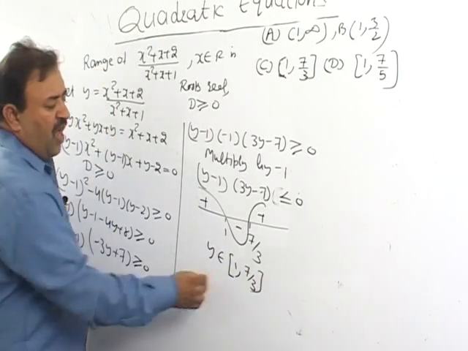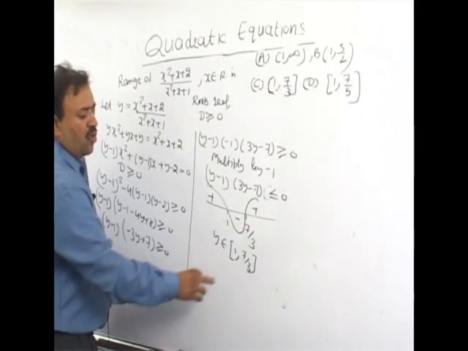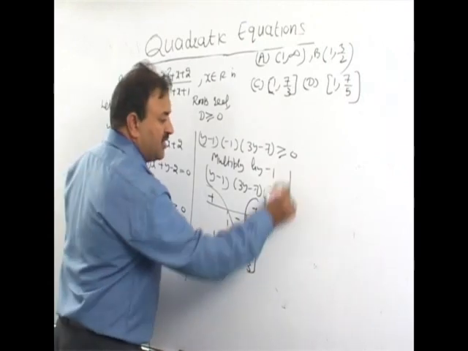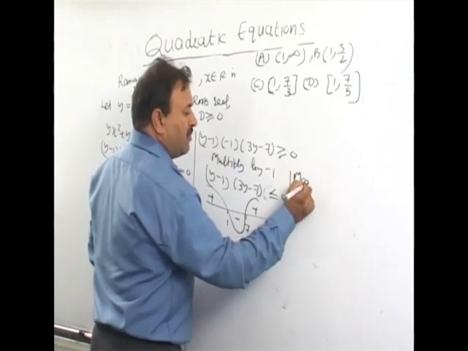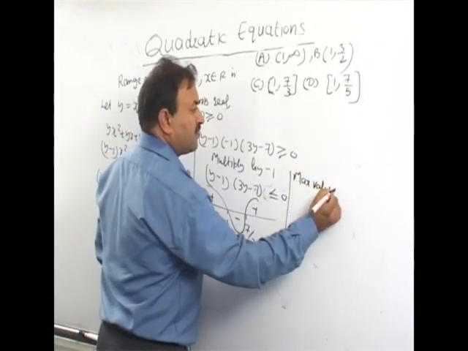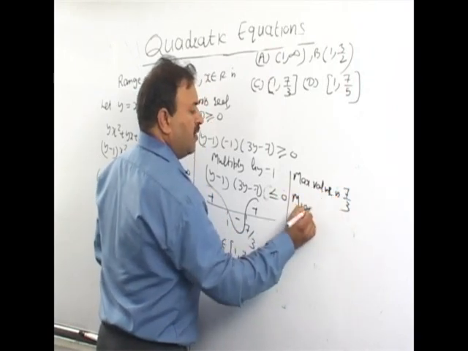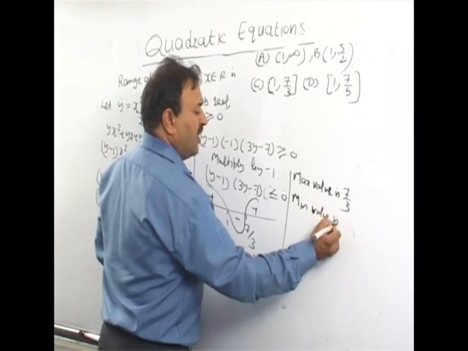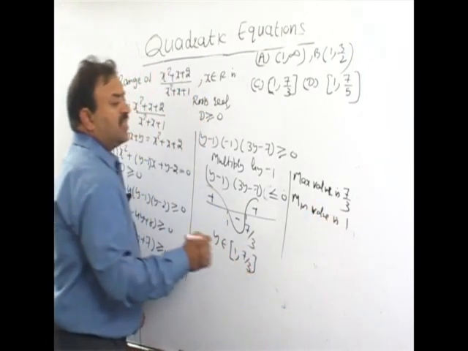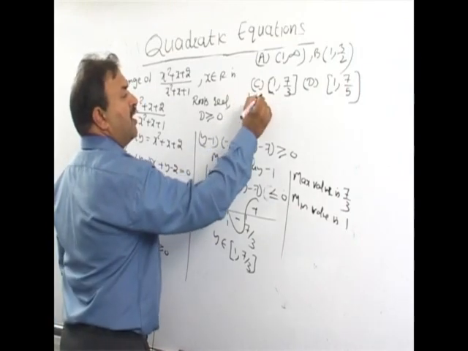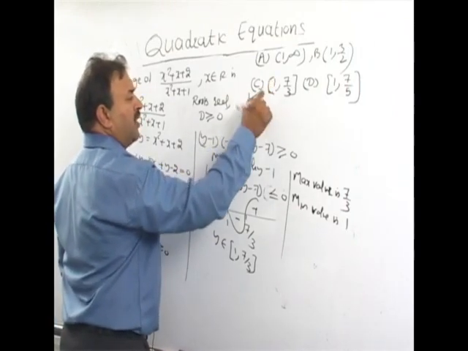The value of y will be from 1 to 7 by 3, which means the maximum value is 7 by 3 and the minimum value is 1. This is the range. We can say the right option is C. It is a closed bracket over here.